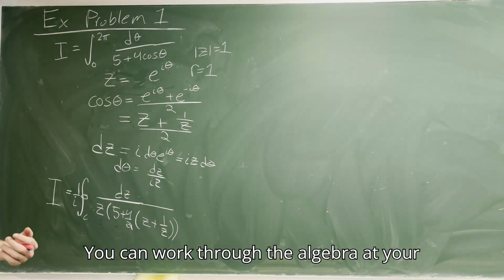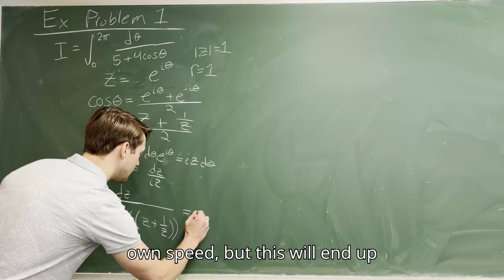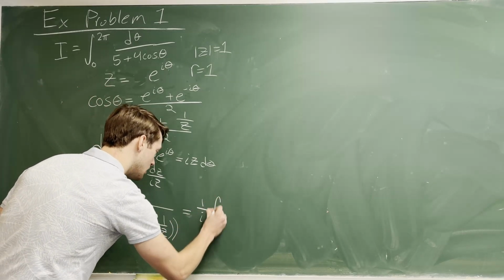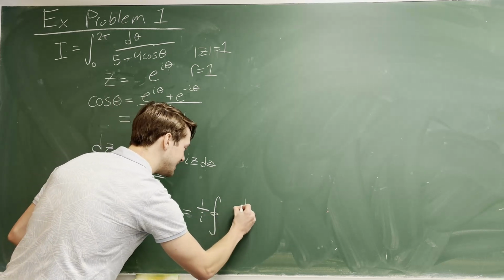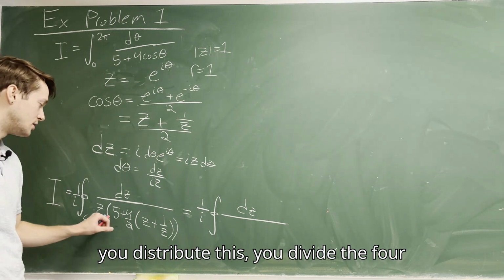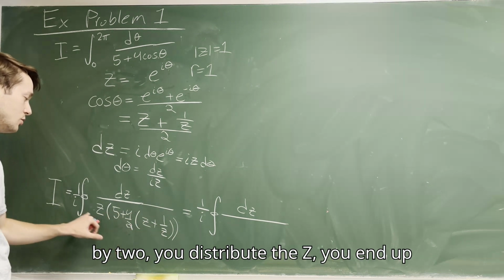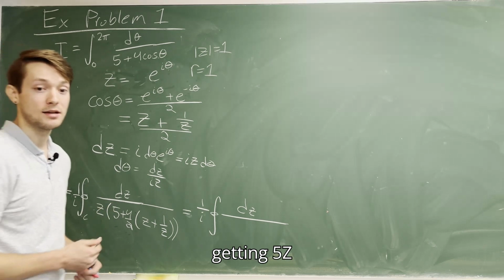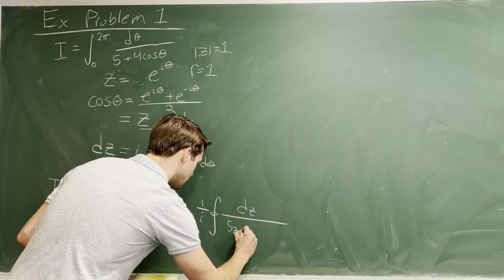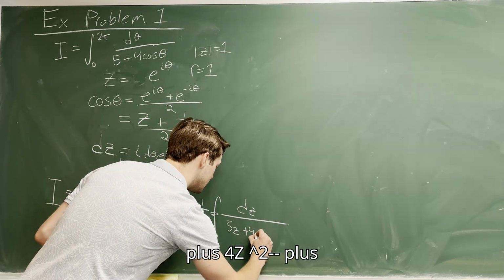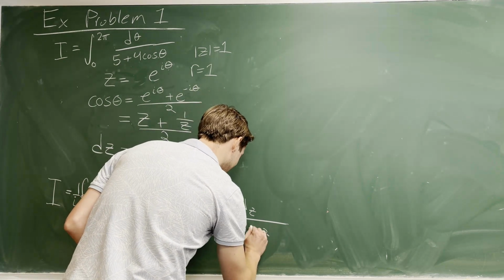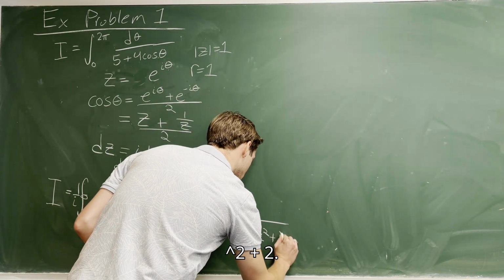You can work through the algebra at your own speed, but this will end up simplifying to 1 over i integral of dz. If you distribute this, you divide the 4 by 2, you distribute the z, you end up getting 5z plus 4z squared plus 2z squared plus 2.